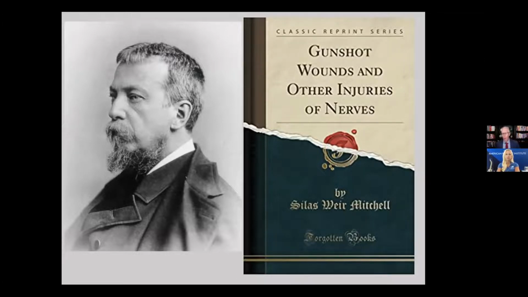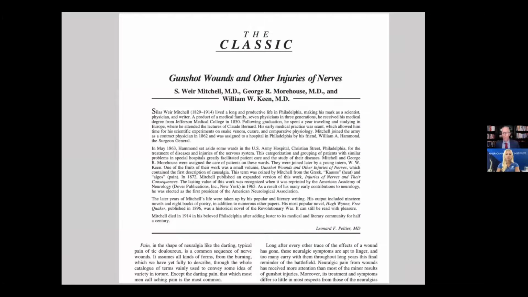And so you can look up this study, gunshot wounds and other injuries of the nerves. And he's basically the first person who delineated and quantified this neuropathic type of pain called chronic regional pain syndrome. Used to be called something else, but I'm forgetting that name at this very moment.